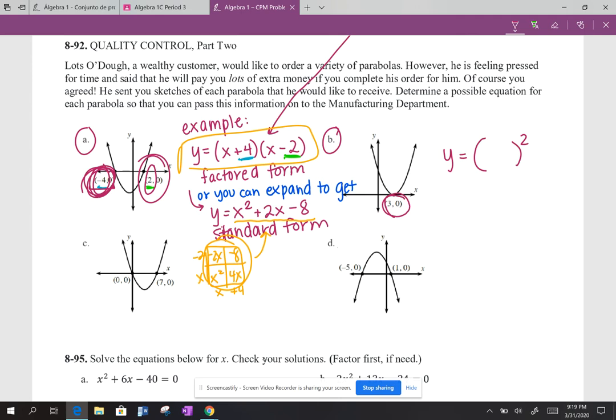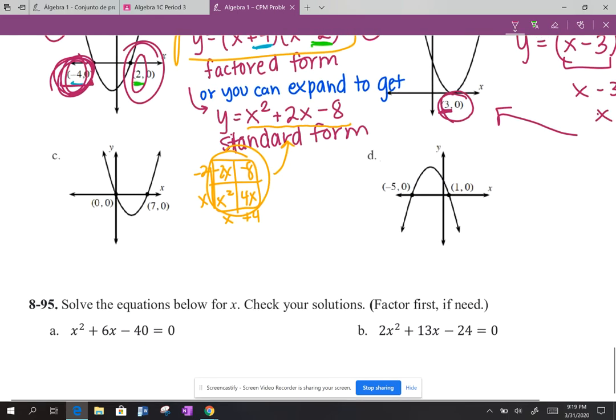Well, if my x-intercept is a 3, I need x minus 3. So think of it as putting the x and then the opposite sign and then the number that you have here. Again, that's because if I set x minus 3 equal to 0 and I solve for x, I'm going to get x equals 3, which corresponds to that. Okay, so try it for parts C and D.